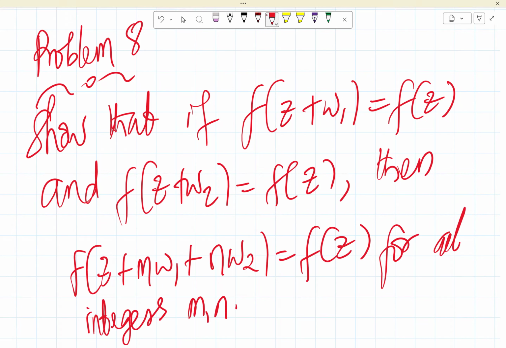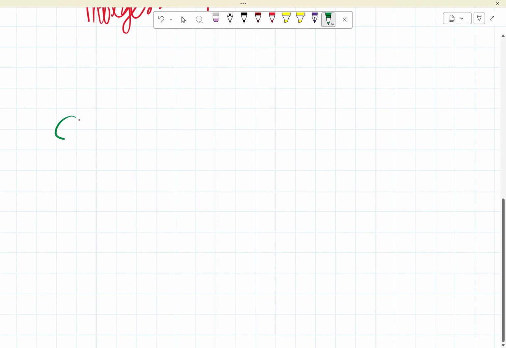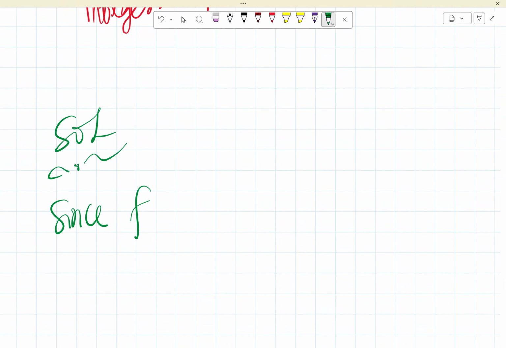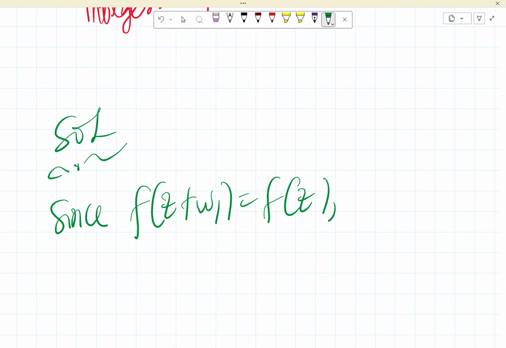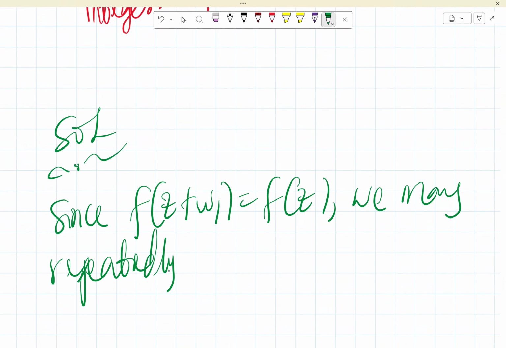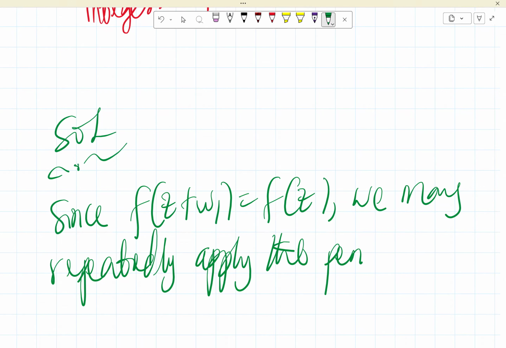Okay, so I'll just go on and start talking about the solution. Since f of z plus omega 1 is equal to f of z, we may repeatedly apply the period property.